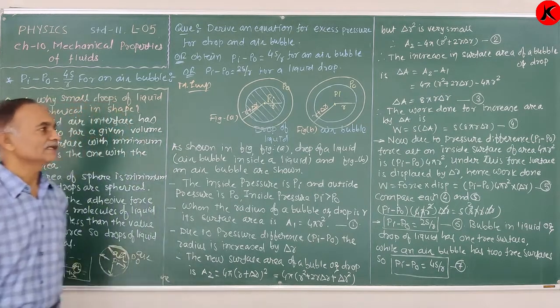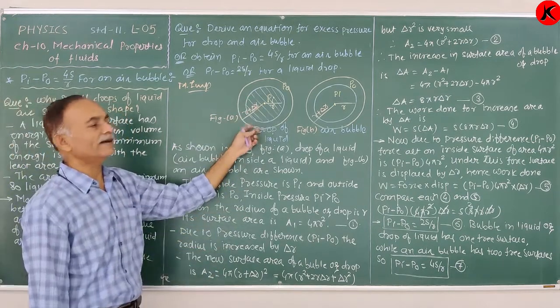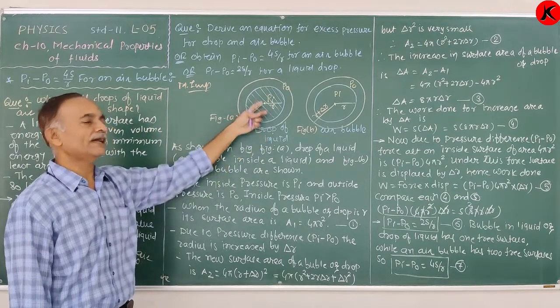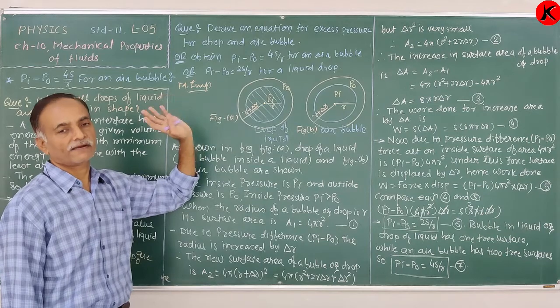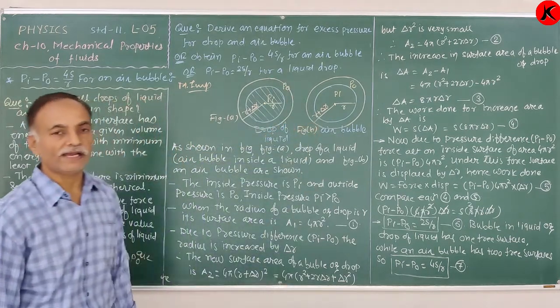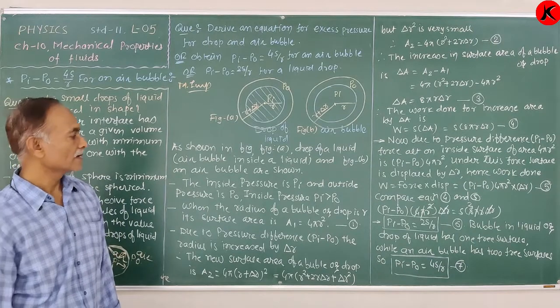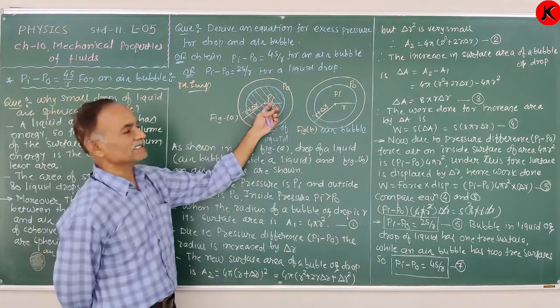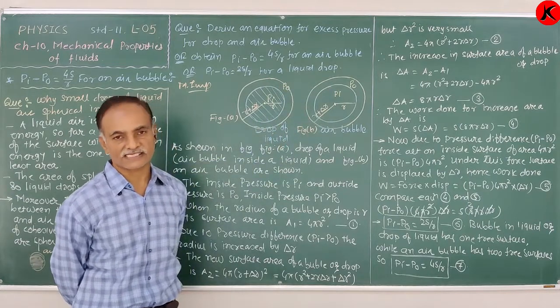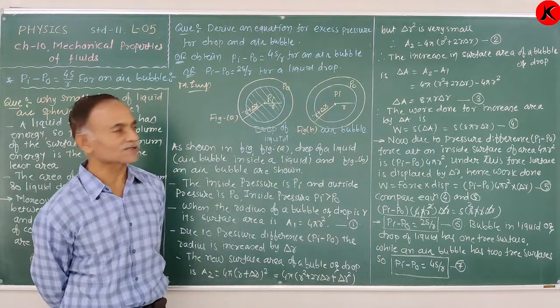For that purpose, two figures are shown. Figure A shows the drop of a liquid or air bubble in a liquid, while figure B shows the air bubble formed in a medium. The inside pressure is Pi and the outside pressure is Pu in both cases, for the bubble and also the drop.